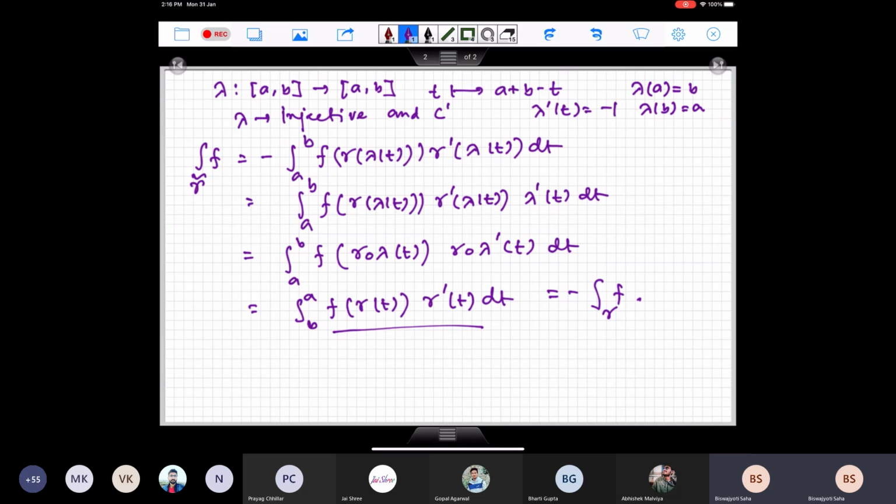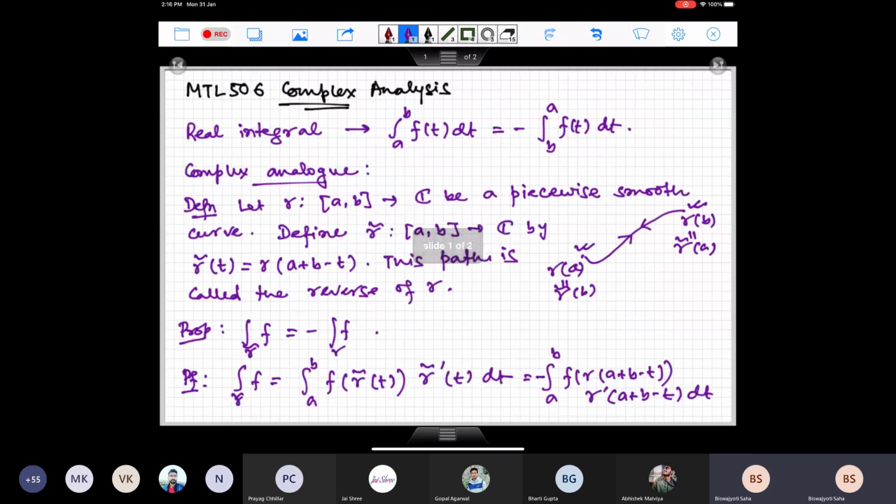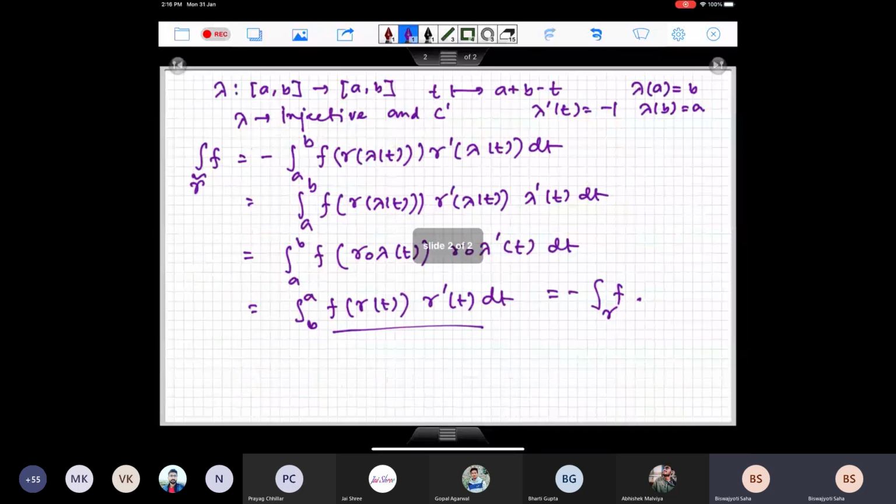So I get this particular result. So if we go through the reverse path, I am going to get exactly a similar result to what we have seen in the case of real integrals. That's quite natural, and we have this statement.